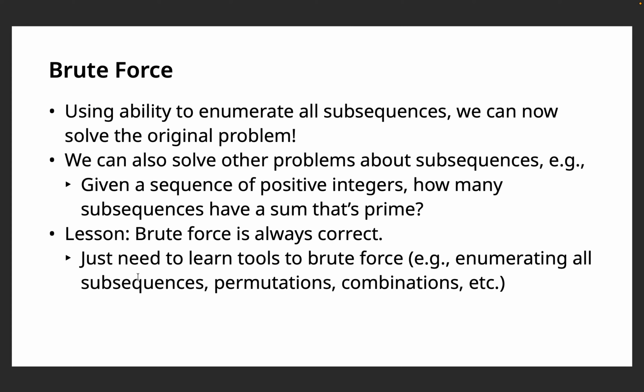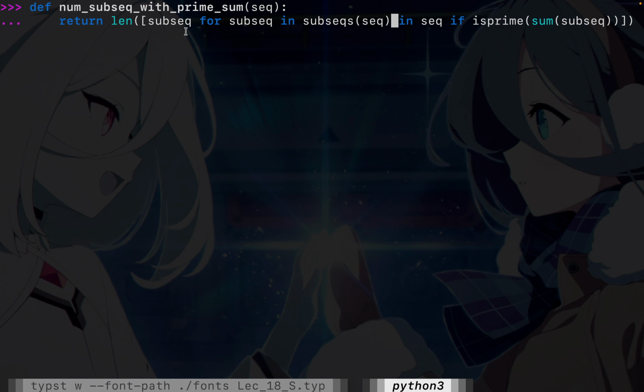For example, subsequences, which we went over in this lecture. There's also permutations and combinations, which you can look up if you want. And if you know how to generate all of these, then it's very straightforward to come up with brute force solutions. Just use the functions you have for these, then process that data in some way, just like what we do here.